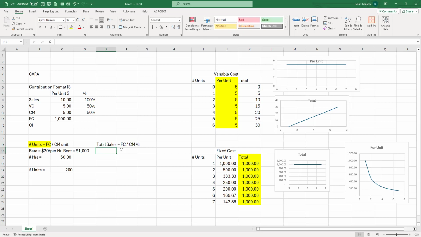Why the contribution margin ratio? Because we want to know what percentage of the sales actually stays with me, because that percentage should cover my fixed cost.